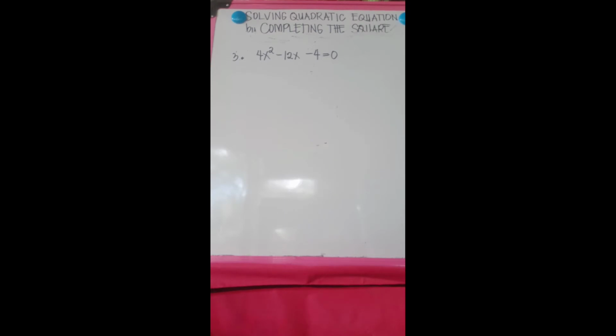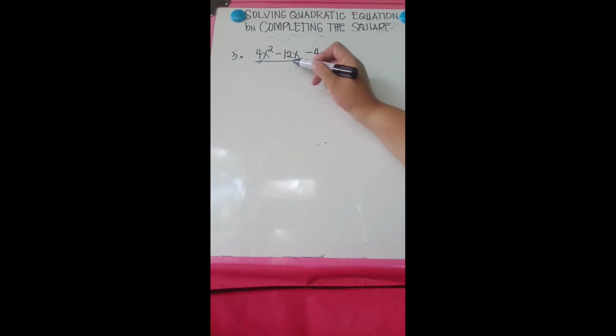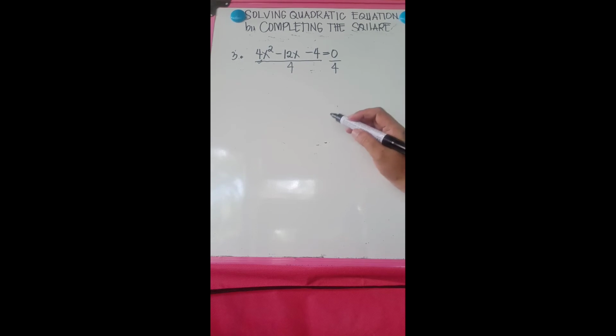Okay. So, in our third example, the leading coefficient is 4. So, before we solve this equation by completing the square, syempre, ang gawin muna natin is divide all the terms by the leading coefficient. So dito, the leading coefficient nga is 4. So divide all the terms by 4.